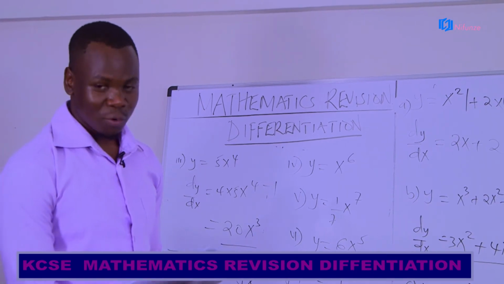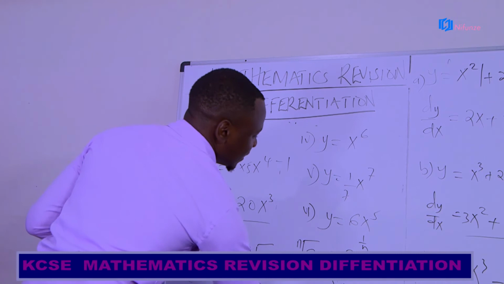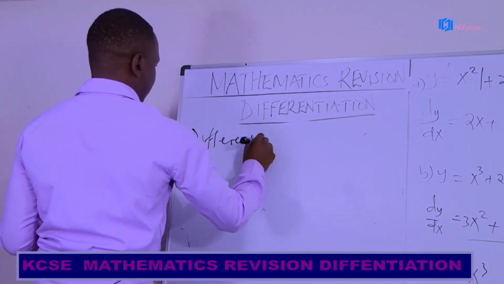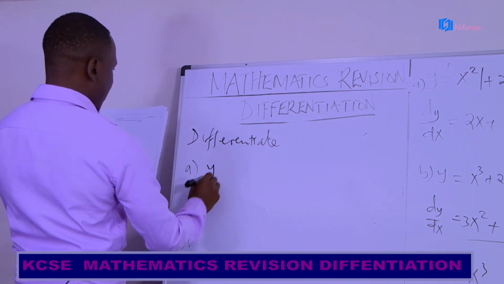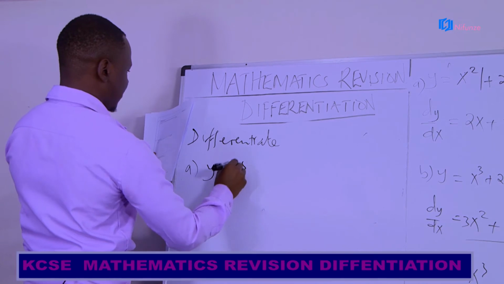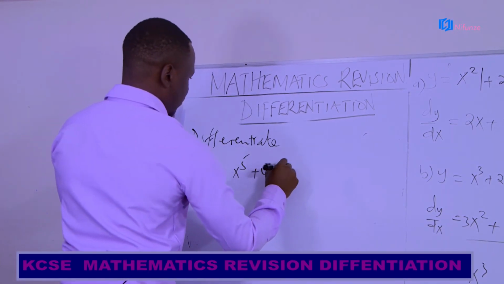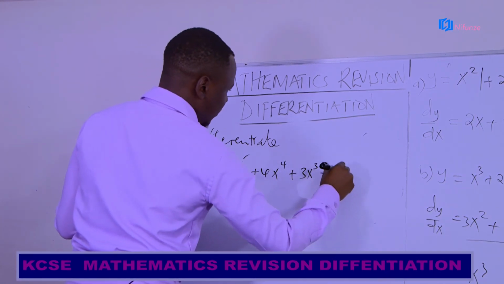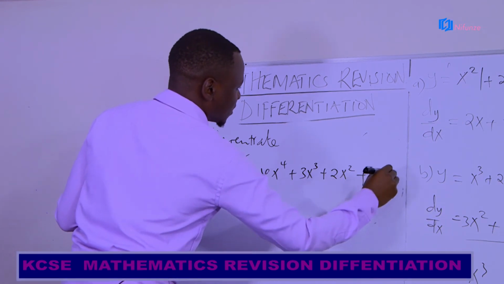So I'm giving you some work to go and try at your own convenient time. Differentiate y is equal to x raised to power 5 plus 4x raised to power 4 plus 3x cubed plus 2x squared plus x plus 1.